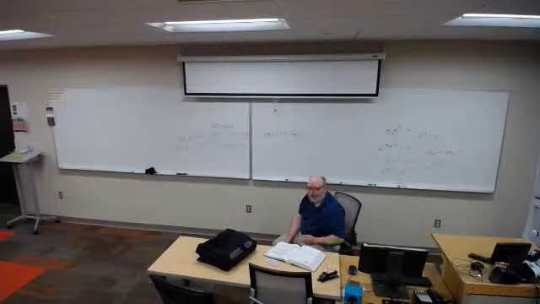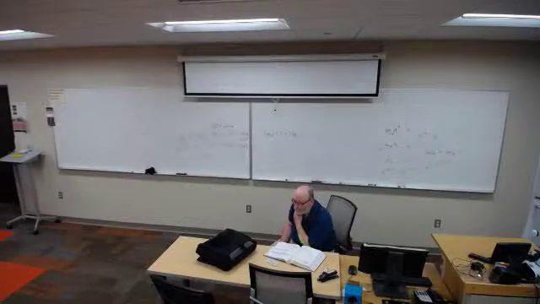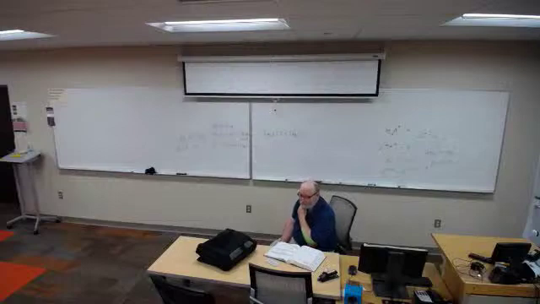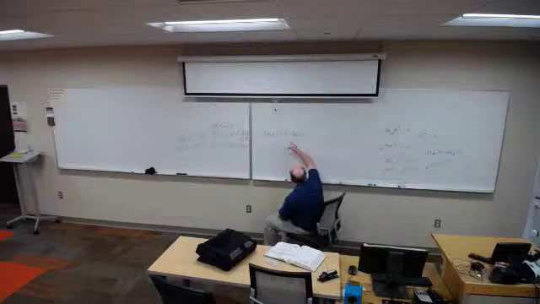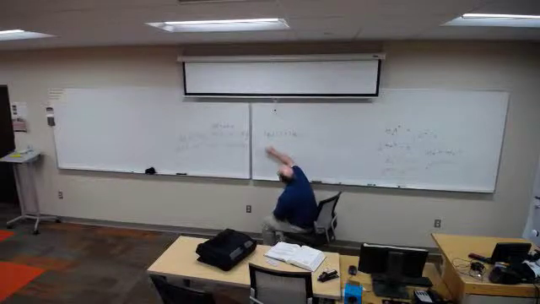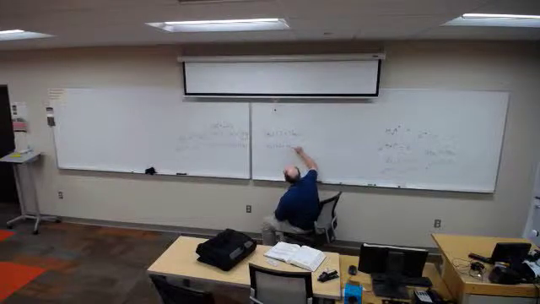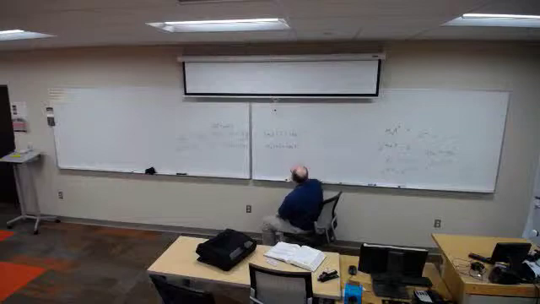I want to combine this now. We'll first bring the 3 over and put it as an exponent. So I have logarithm base 10 of y is equal to 2 plus logarithm base 10 of x to the third power.